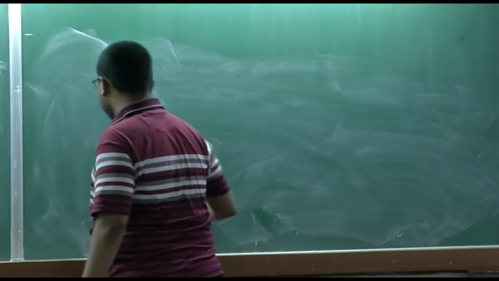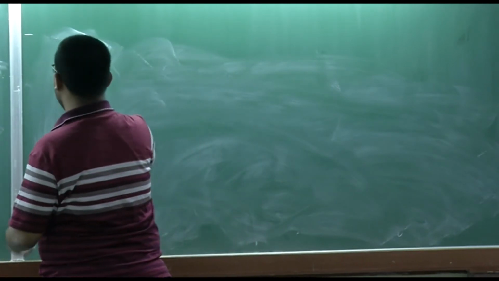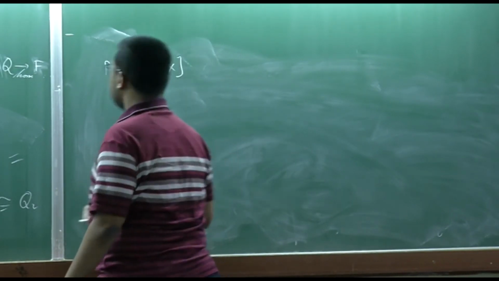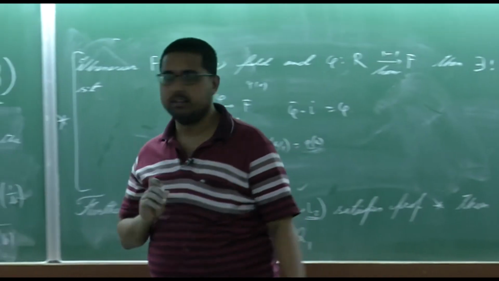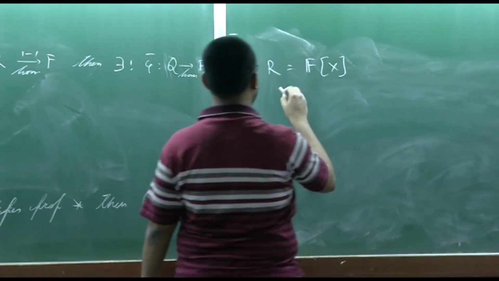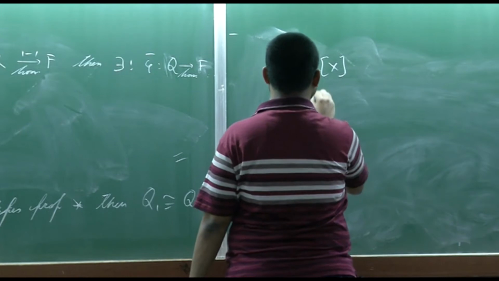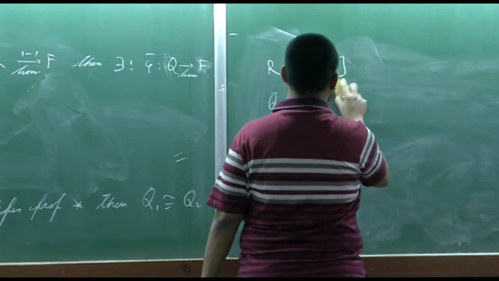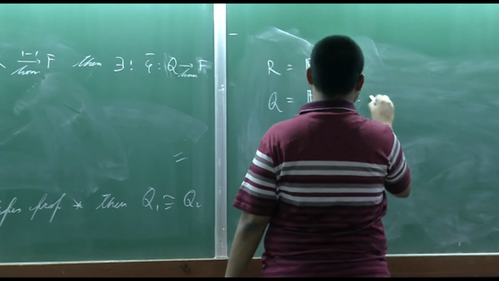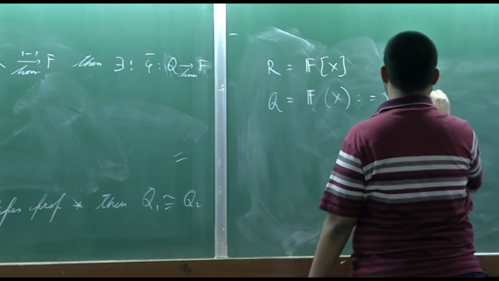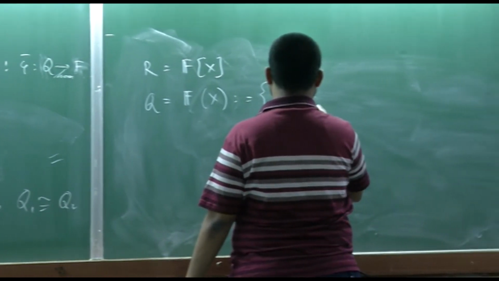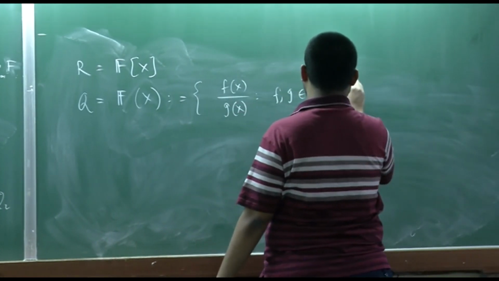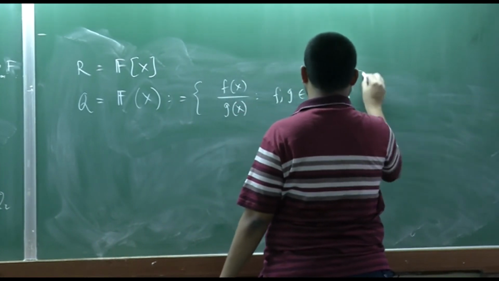So, what is another example? Here we take F[x], this integral domain, where capital F is a field. If this is my R, the field of fractions is the collection of all rational functions f over g, both polynomials, with g not equal to 0.